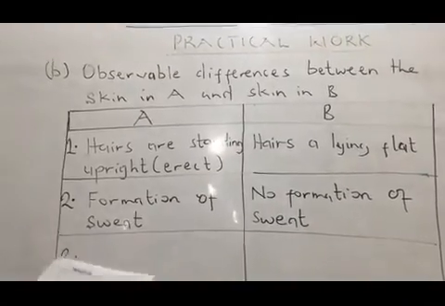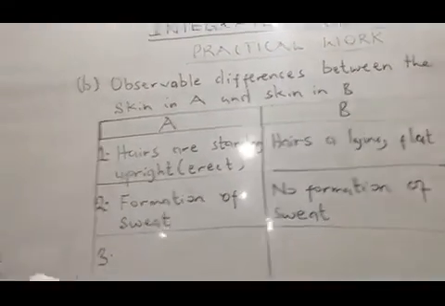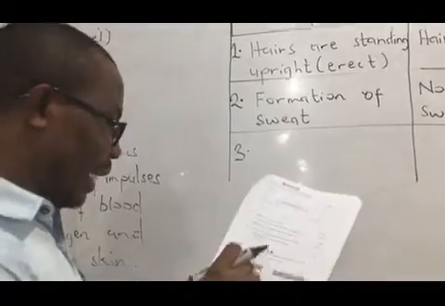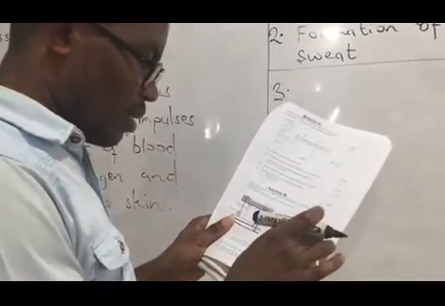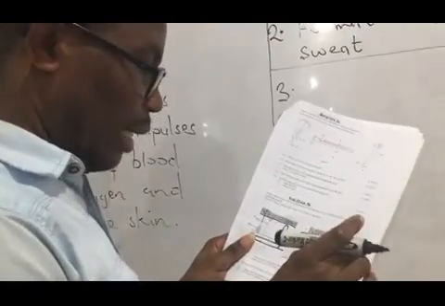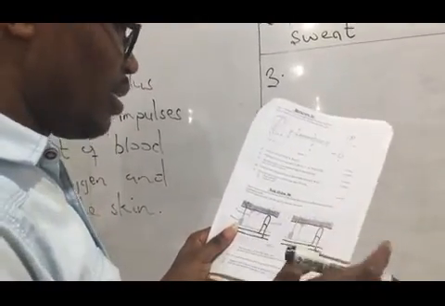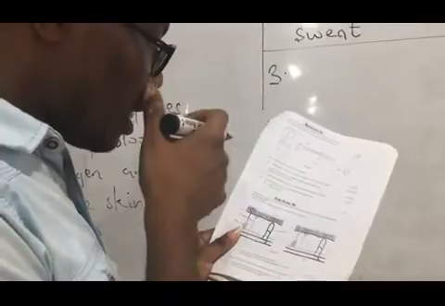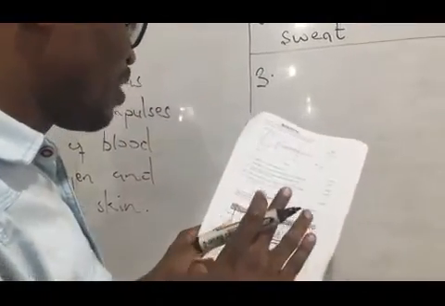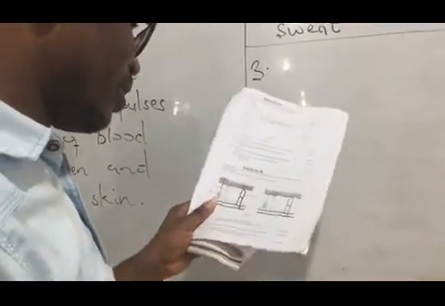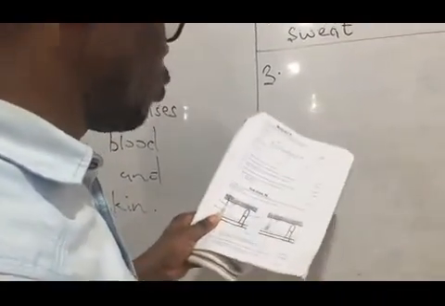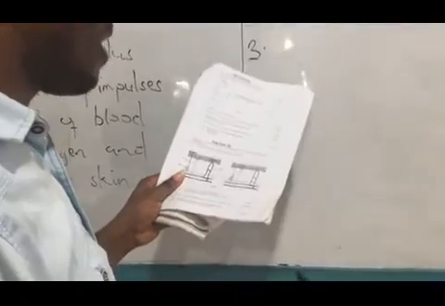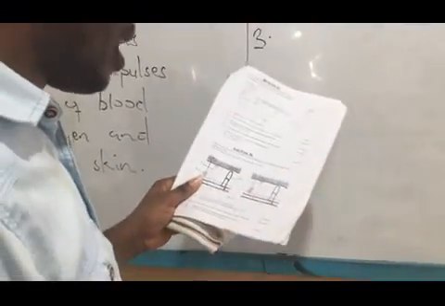And then lastly, if you look at the blood vessel or the capillary, you can see that in A, the blood vessel is thicker, but in B, it appears thinner. So we say that in A, the blood vessel has dilated, that is, there's an increase in its lumen. But for B, the blood vessel has constricted. That means there is narrowing of its lumen.